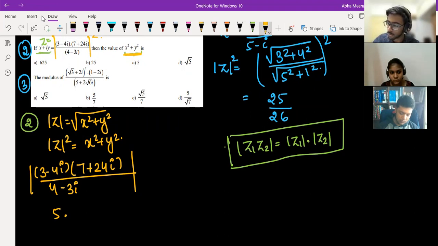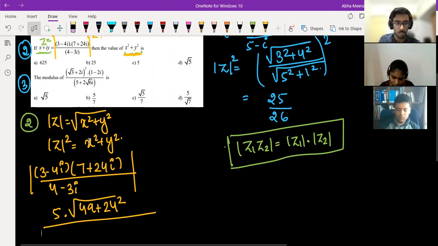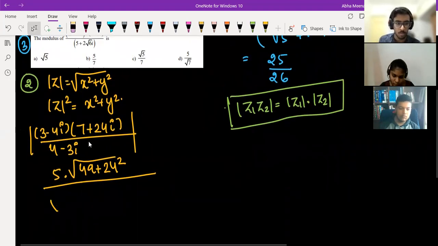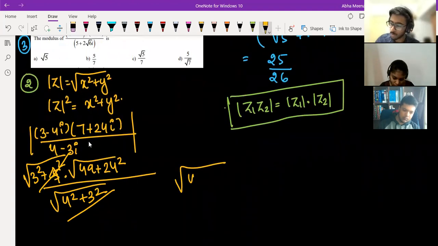Modulus of 7 plus 24i is root 49 plus 24 square, by root 4 square plus 3 square. This was also root 3 square plus 4 square, the first part. So these two will be cancelled. You will be left with only this, root 49 plus 24 square.